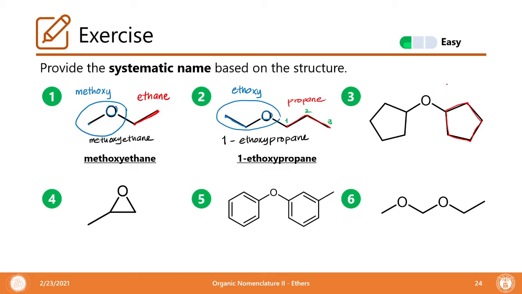Okay, so we have cyclopentane. And then we select this whole portion as our substituent, and we have here a cyclopentane as well. So we have cyclopentyl.